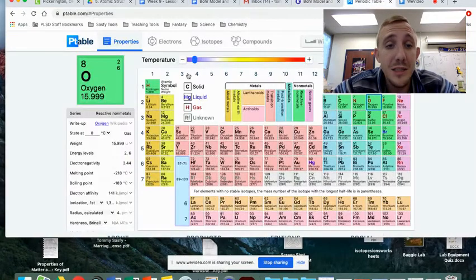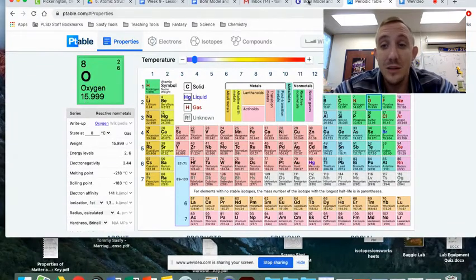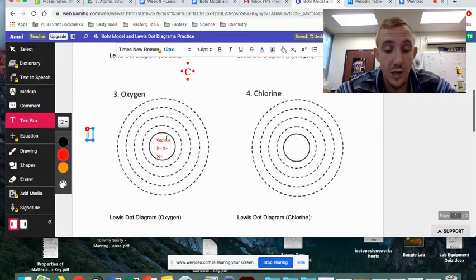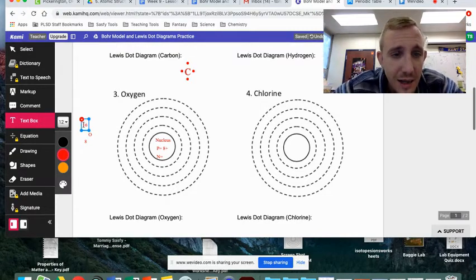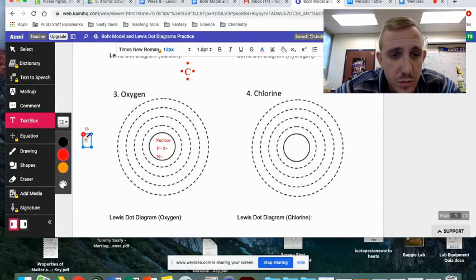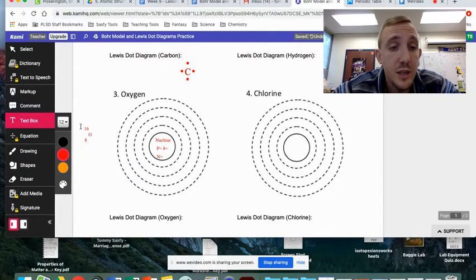If I look at the mass number, it's going to be rounded to 16. So if I drew the model of oxygen, you're going to have an atomic number of 8 and 16. So we've drawn the element symbol. To find your number of neutrons, you subtract these two numbers.